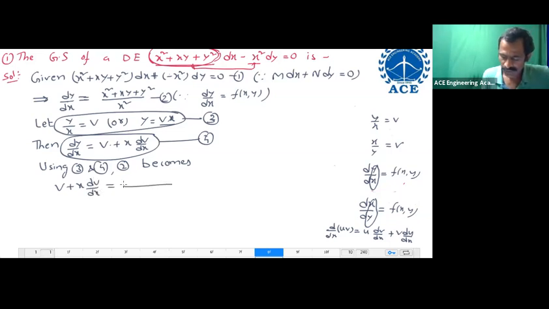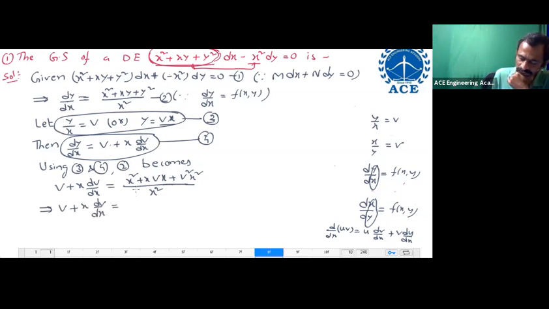On the right hand side, wherever y is there, in place of y, write vx: x square plus x into vx plus y square means v square x square, divided by x square. From each and every term x square is common. So after simplification, v plus x into dv by dx equal to, after cancelling the x square term on right hand side, 1 plus v square.